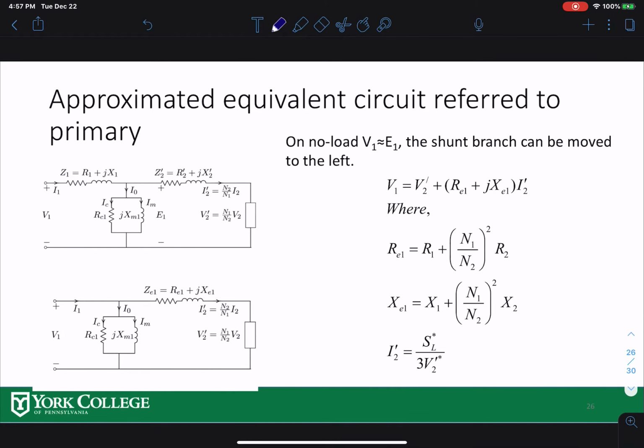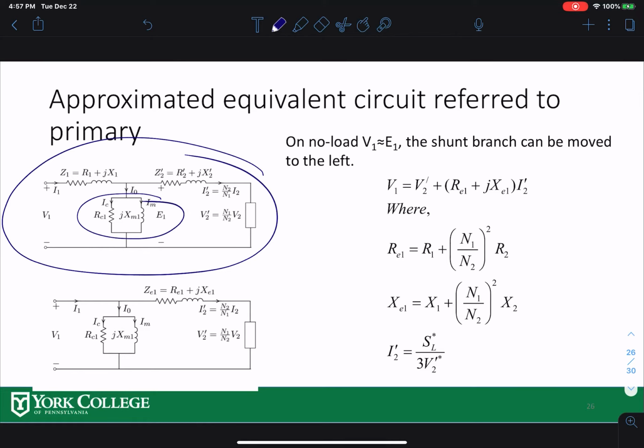All right, so now this is the circuit you saw in the last slide. Now this portion over here carries a little bit of current, so I can move that all to the left right here, then I can add these two together, that's right here.